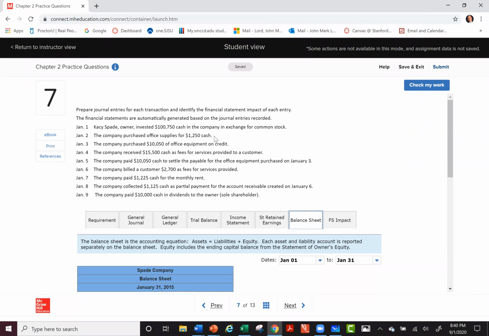Correct. The point is you got office supplies with future economic benefit. There are 3 ways to get supplies. You can steal them, but let's forget that. You could buy them for cash or you could buy them for credit, right?